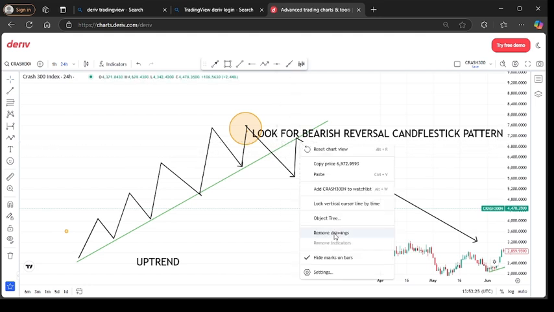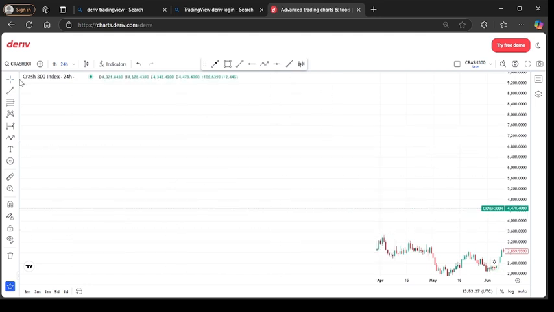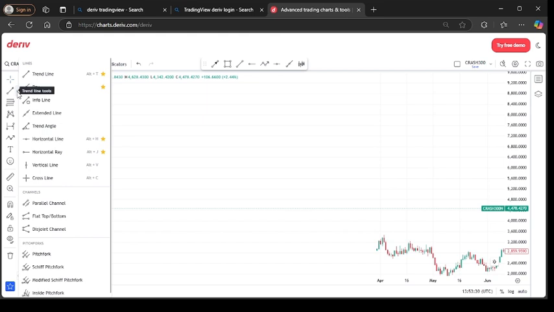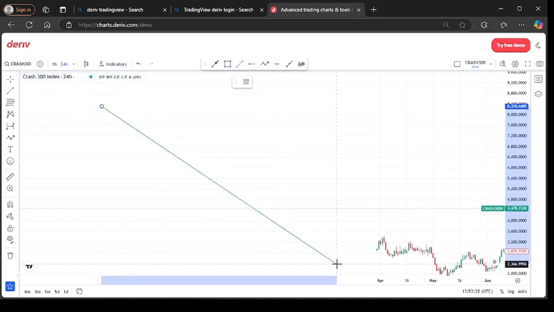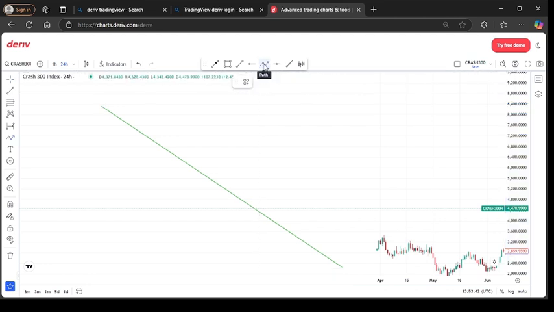Let me remove this drawing. Then suppose it's a downtrend. Suppose we are in a downtrend. Let me do this. Suppose this is our downtrend, and let me take the path so that we explain how price moves in a downtrend.